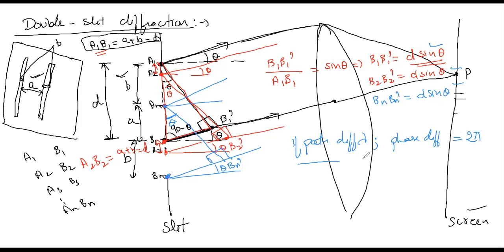If your path difference is 1, the phase difference will be 2 pi by lambda. अगर आपका path difference d sine theta है, तो how much would be the phase difference? 2 pi by lambda into d sine theta. इतना phase difference होगा between the wavelets that start from slit 1 and the wavelets that start from the second slit.